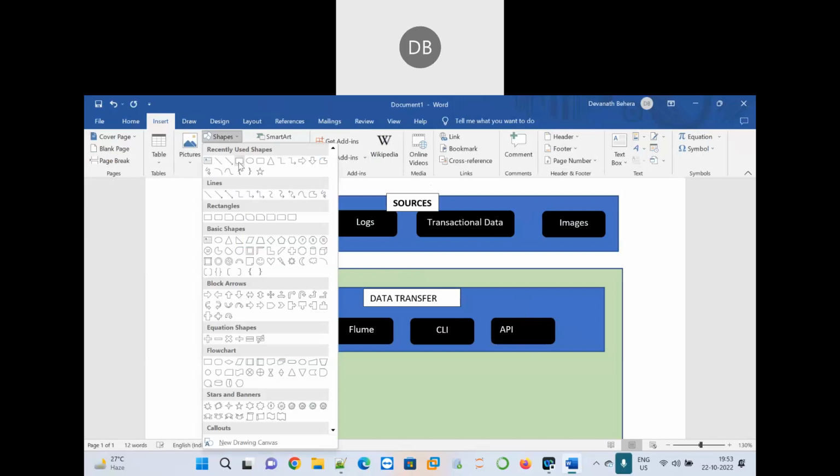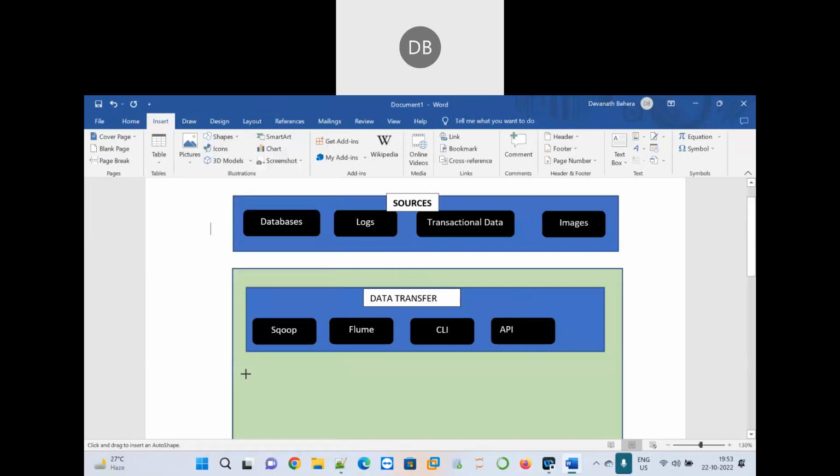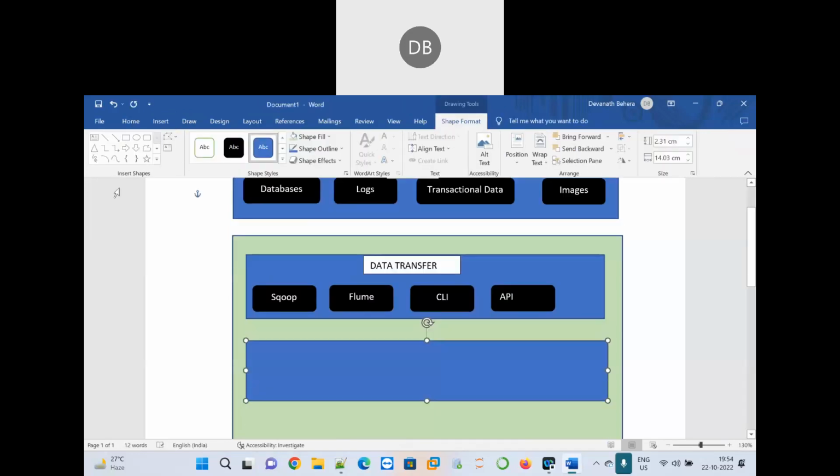Next one is, again, I'm getting another layer. Okay. Let me go to the HDFS layer. Under HDFS, what are the different things there?